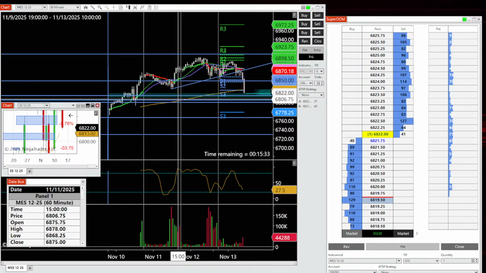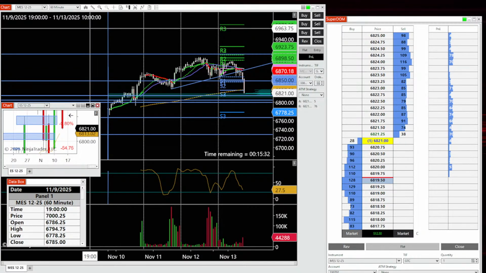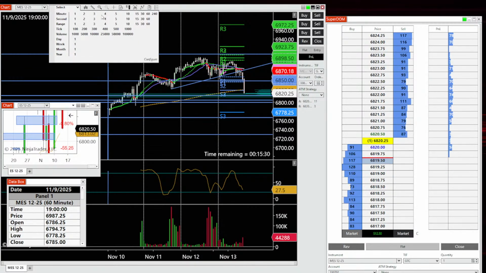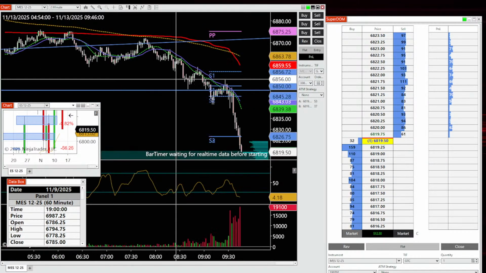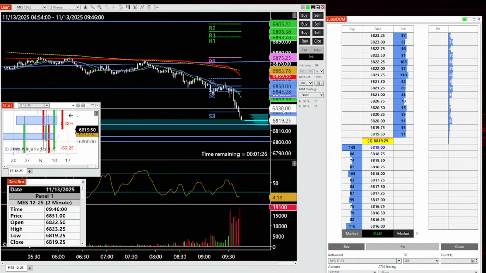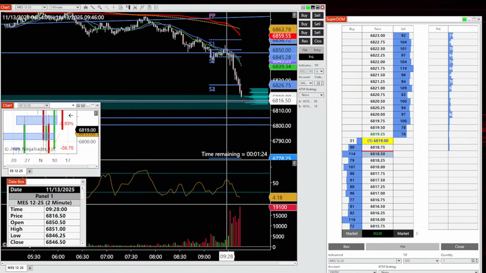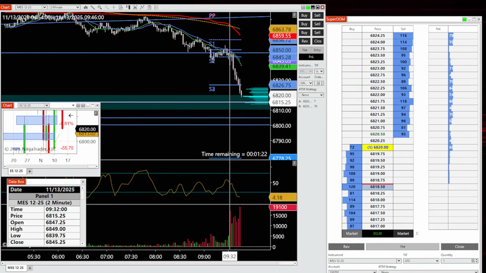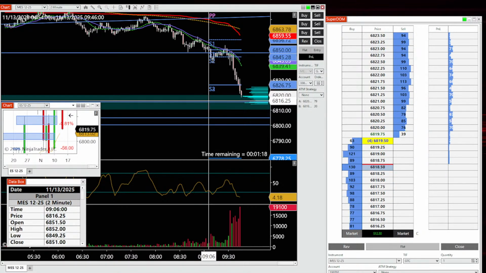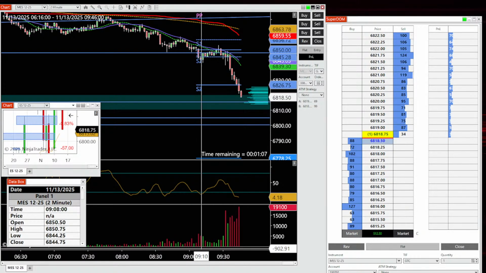No bounces yet, really. No stabilization or anything. Just a constant move to the downside. Now we're coming back into this area. 68.15. Crack 20. Crack 20.